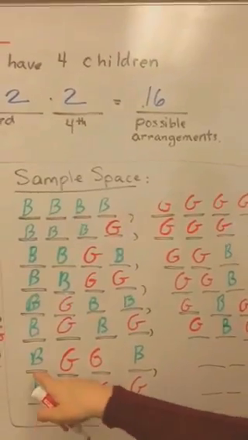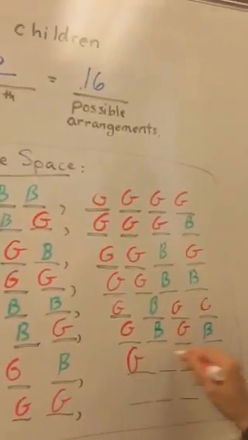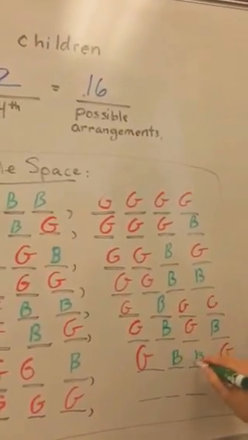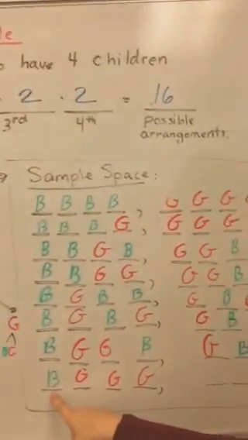The opposite here would be GBBG. And finally, the opposite here would be GBBB.